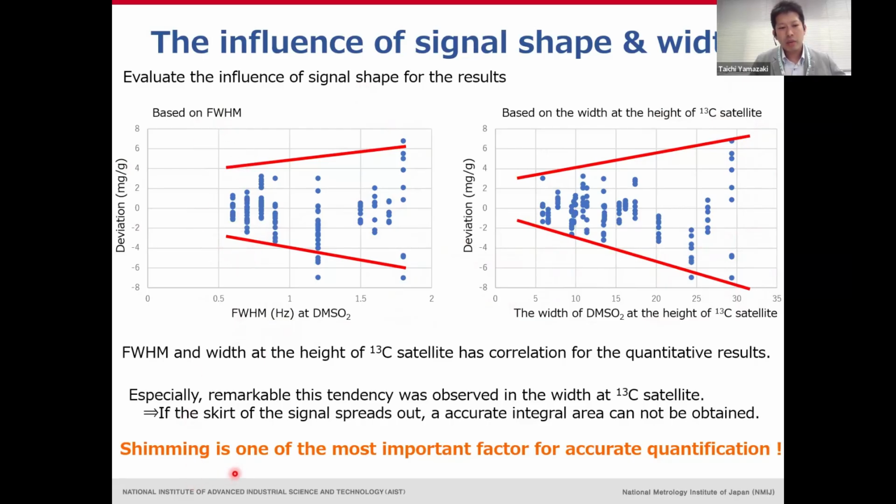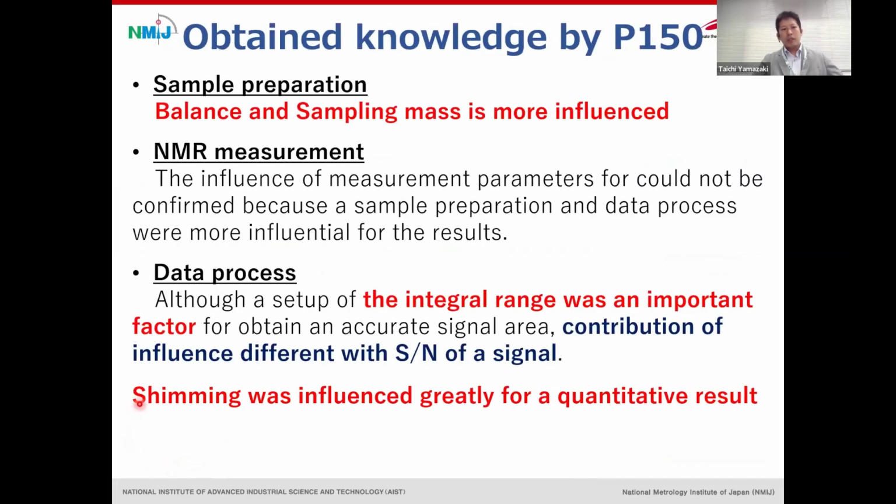So shimming is one of the most important factors for accurate quantification. Shimming is the conditioning of the magnet. This is knowledge obtained by the pilot study P550. In sample preparation, balance and sampling mass are more influential in this case.